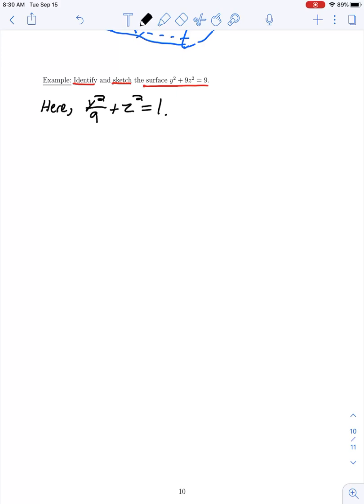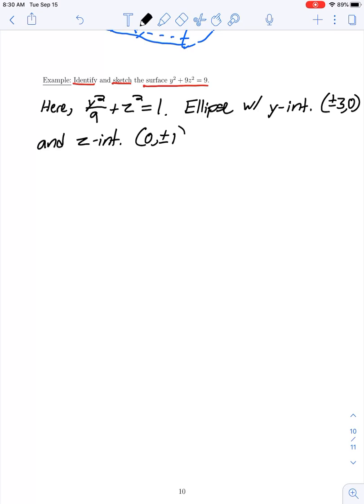And when we look at this equation, y squared over 9 plus z squared equals 1 in the yz plane, we would have an ellipse whose y-intercepts would be plus minus 3 and 0. And our z-intercepts would be 0 plus minus 1 in that yz plane. So we're centered along the x-axis here.